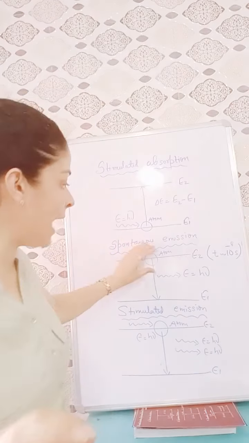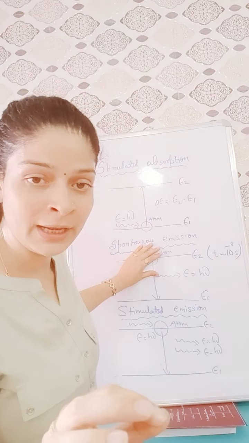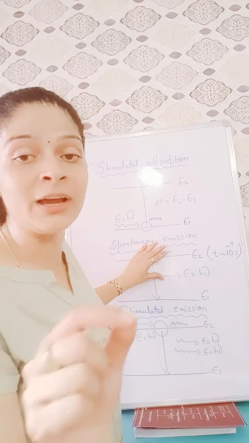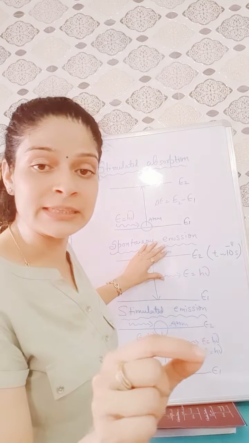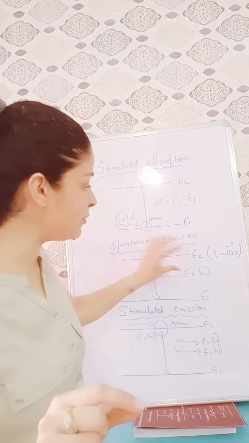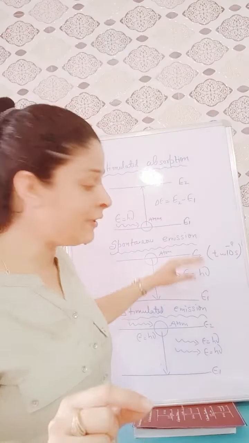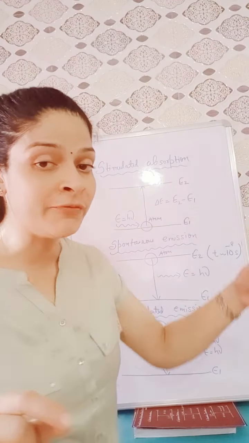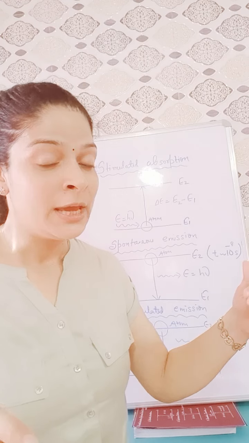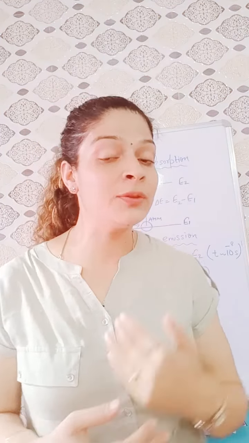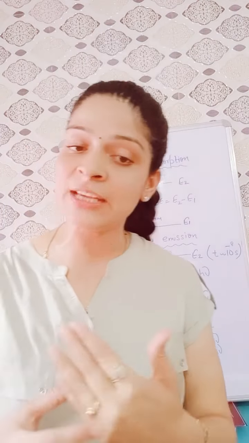Now when the atom reaches the high energy state, after 10 to the power minus 8 second, because this is the lifetime of the atom in the excited state, it will jump to the lower energy state with the emission of the same photon which it absorbed initially during the stimulated absorption. Okay, so this phenomenon is known as spontaneous emission.